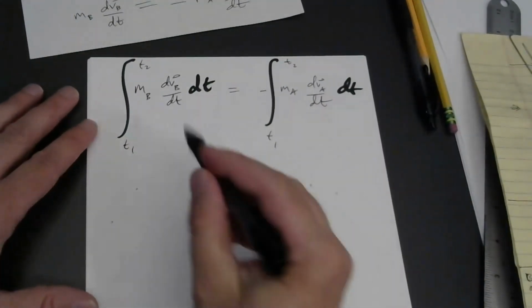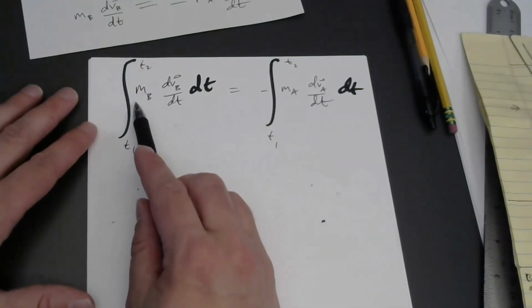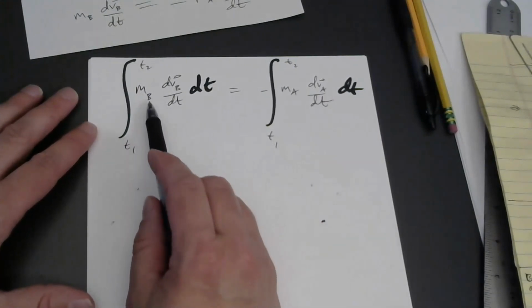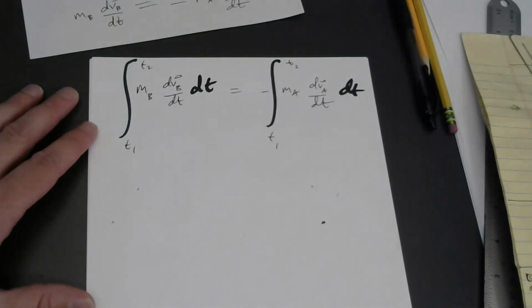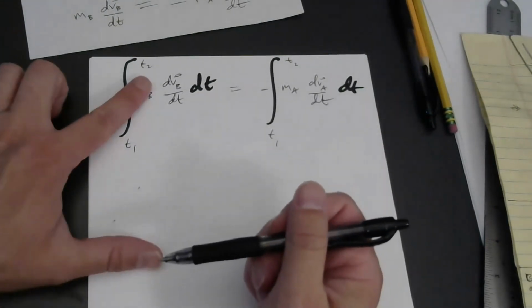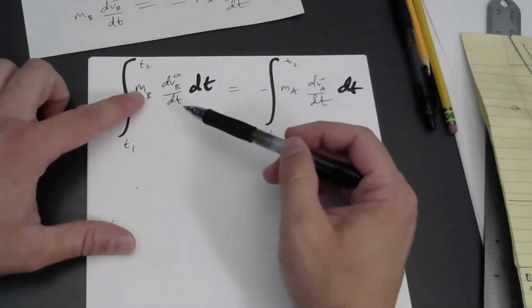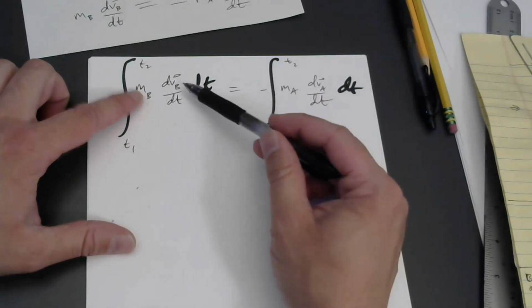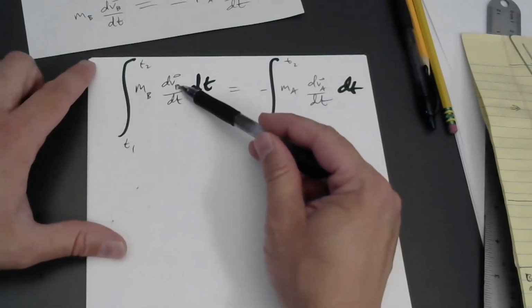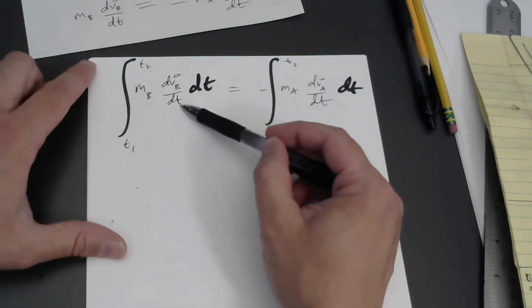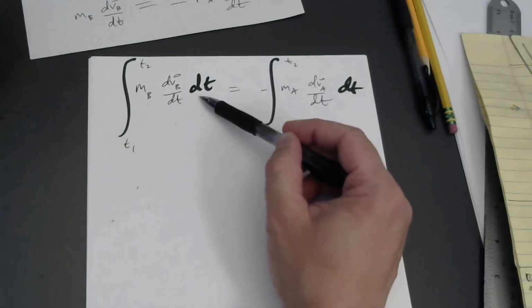And now let's think, what's happening here? Well, you recall that a constant, and we're imagining that these masses are constant, can just be pulled out in front of an integral, so I can ignore that for the time being. And how do you find the antiderivative of the derivative of velocity? We've got a vector that we've differentiated with respect to time, and then we've integrated with respect to time.